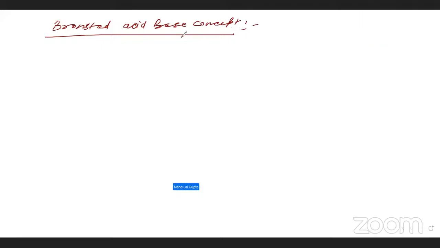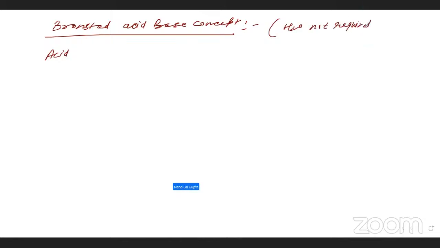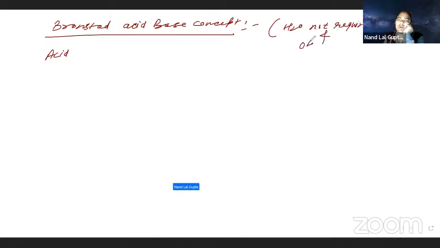Here water H2O is not required, and OH also is not required. This is the concept where it is a little bit upper level. Which acid are we talking about? This is going to be Bronsted acid. What is Bronsted acid?